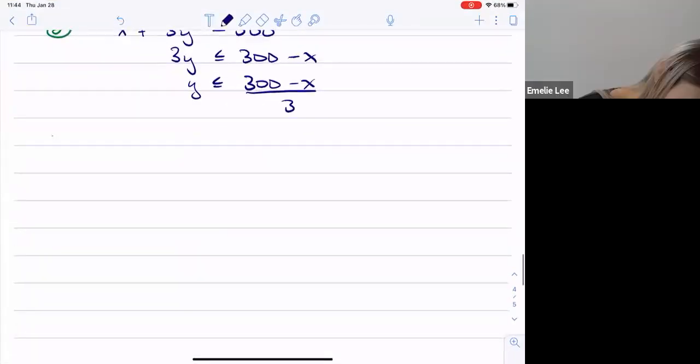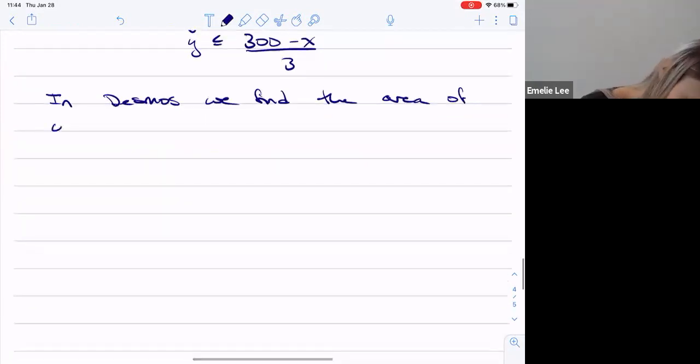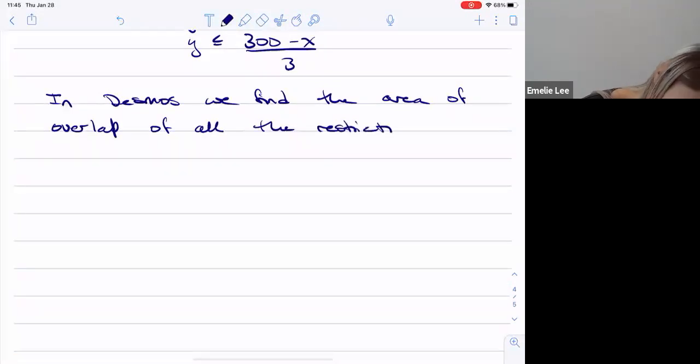So in Desmos, we find the area of overlap of all the restrictions is this. So here, I'm just going to sketch it out.